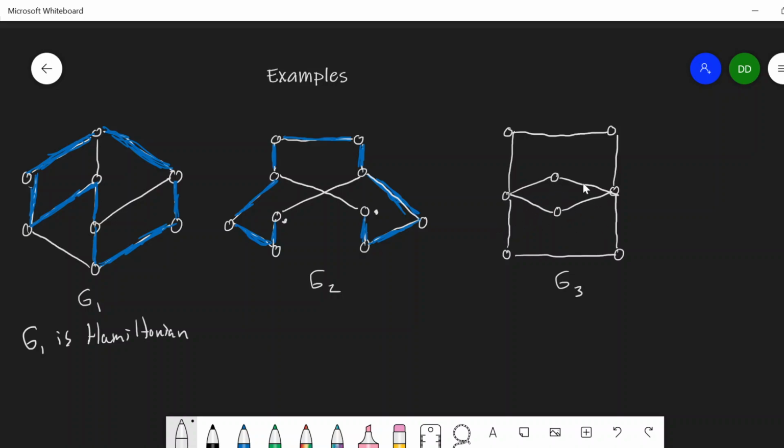If I want to have a Hamiltonian cycle in this, I would have to use both of these edges going to that vertex, and I'd have to use both of these edges going to that vertex. So already we can't do this, because I would also have to encounter this vertex, which would correspond to taking that edge and this edge, and therefore we would encounter this vertex more than once, and so it wouldn't be a cycle. So there's no Hamiltonian cycle here.